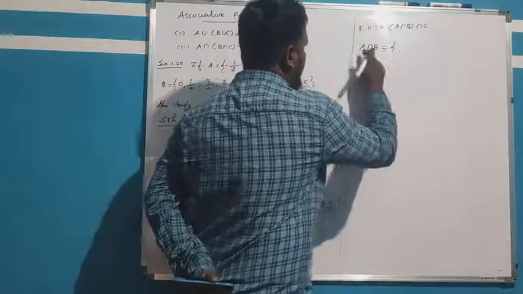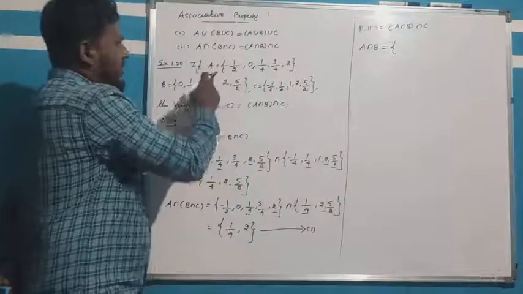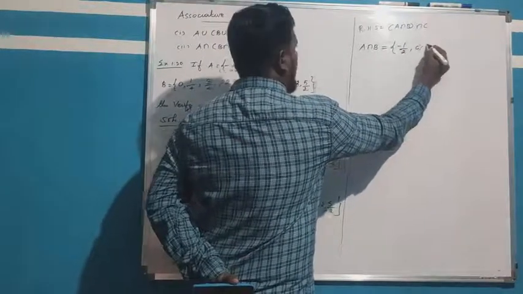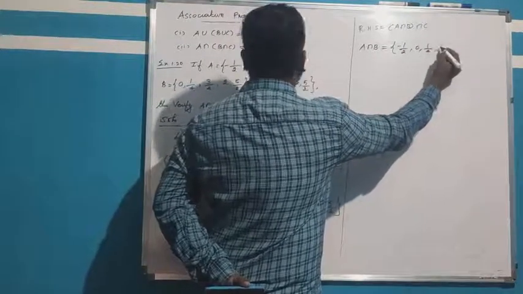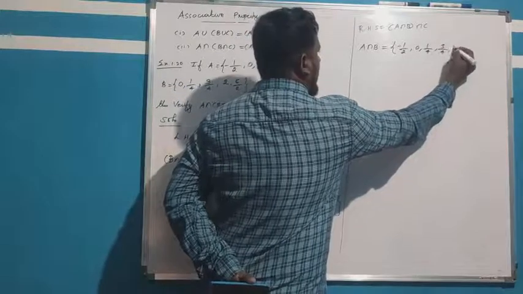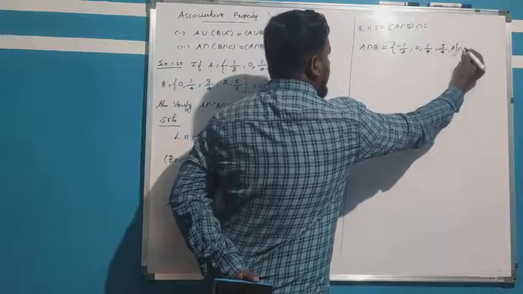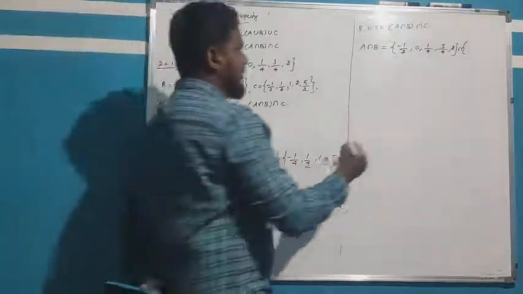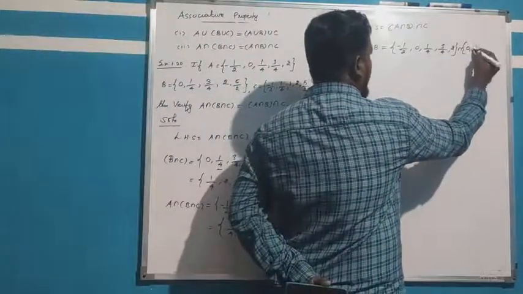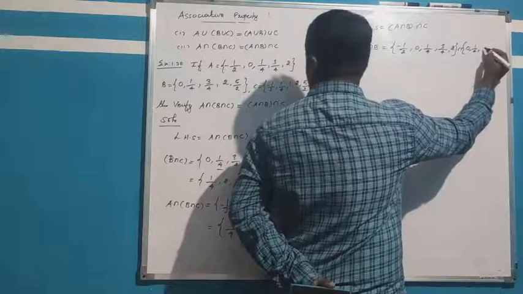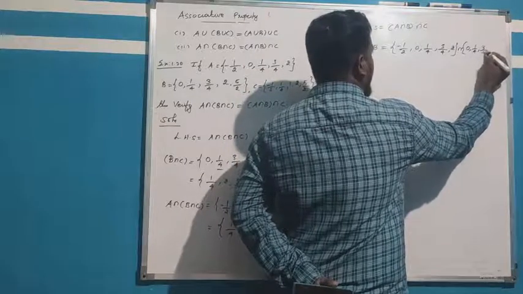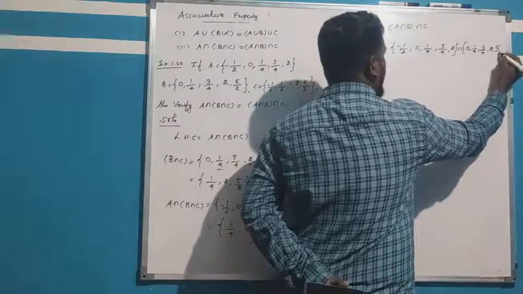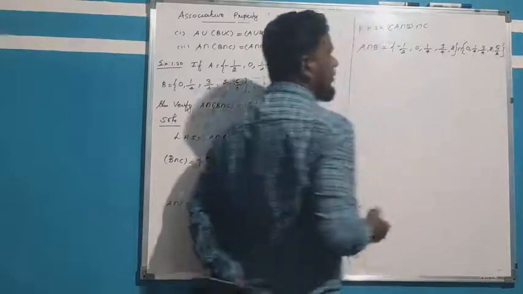What is the set of A? -1/2, 0, 1/4, 3/4, 2. Intersection. What is the set of B? 0, 1/4, 3/4, 2, 5/2.